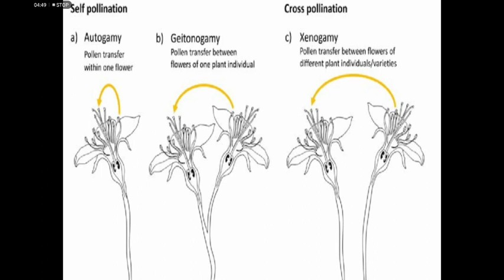While in xenogamy, you can see pollen transfer between flowers of different plant individuals. That means two flowers in two different plants, so they are genetically different. Such pollination is known as xenogamy, and xenogamy belongs to cross pollination.